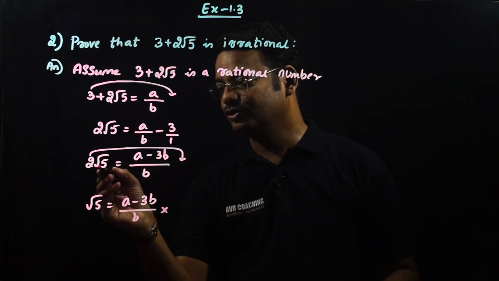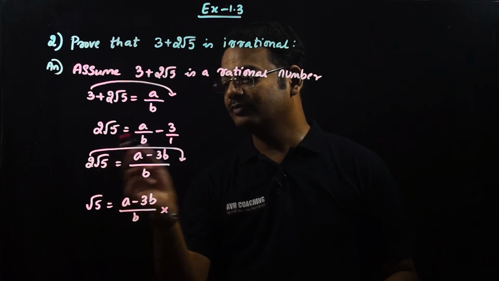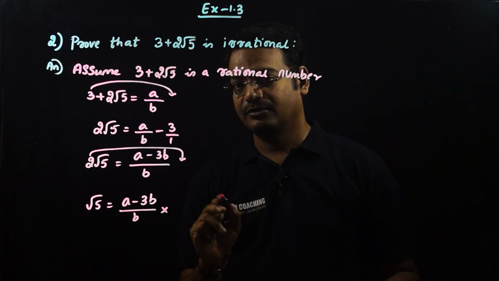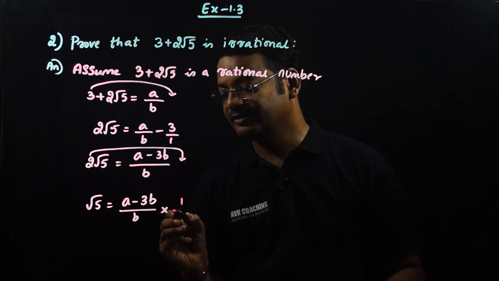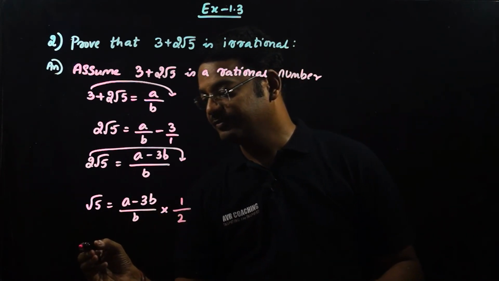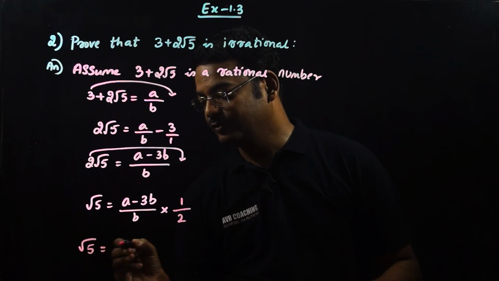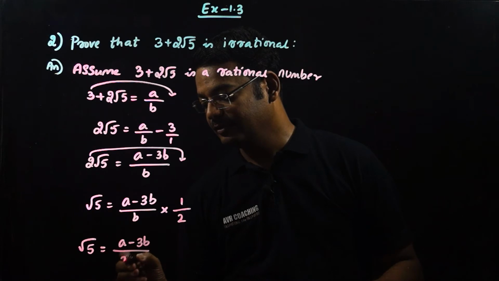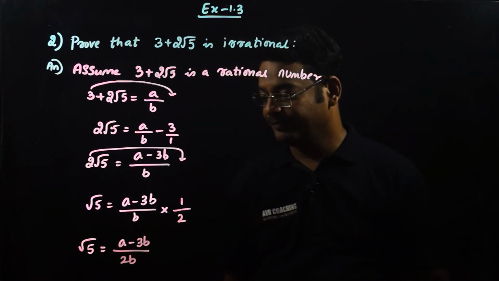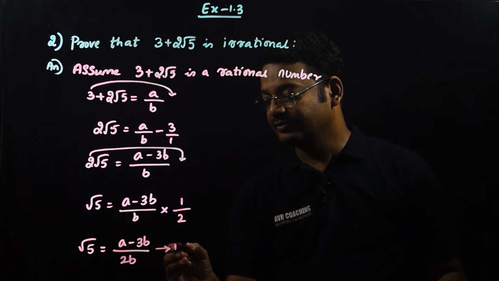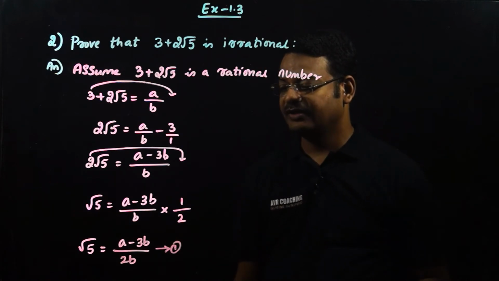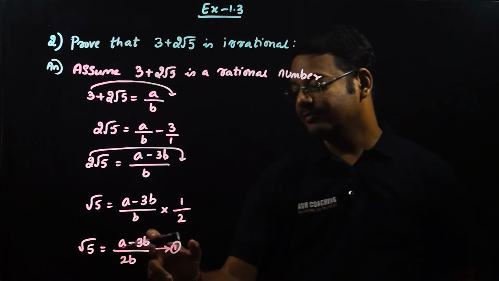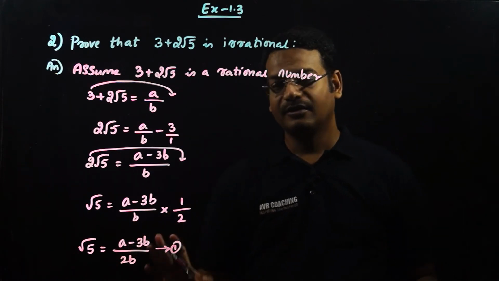This is multiplication, 2 into root 5, so when 2 comes to the right side of the equal to sign, it becomes division. So this can be written as root 5 is equal to (a minus 3b) by 2b. This is equation 1. So from equation 1, it is clear that (a minus 3b) by 2b is a rational number.